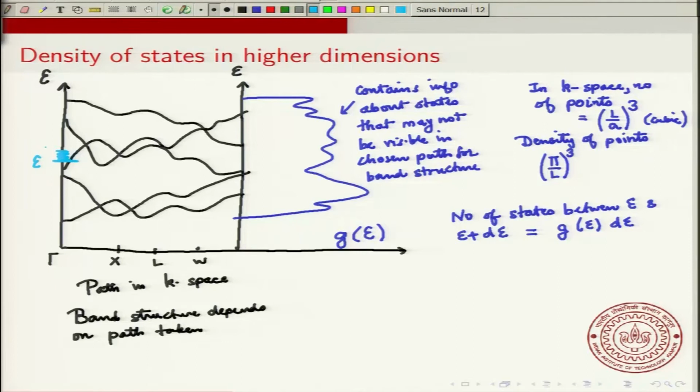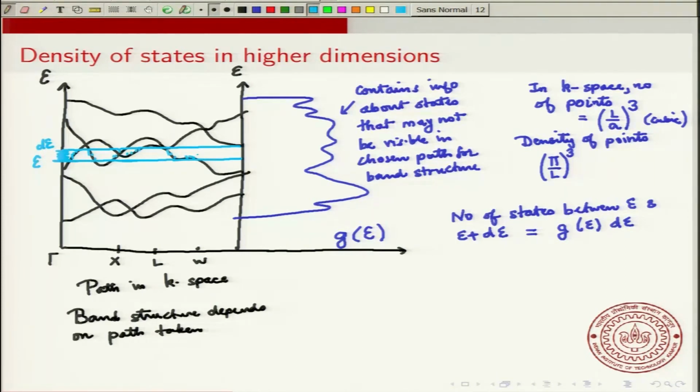This is an energy shell of size dE, and I count all the states in this region, the states coming from here, and from here. So, I count all these states and I get the total density of states.